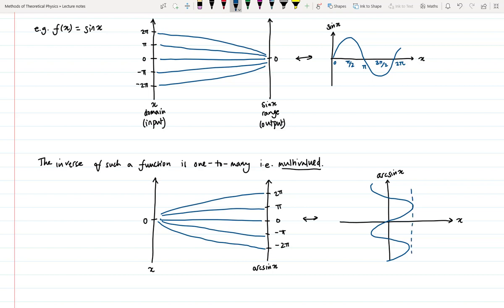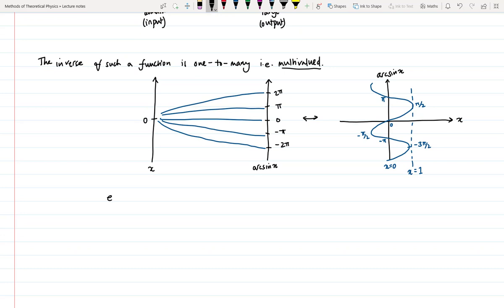Where, for example, here is x equals 1, here is x equals 0, and of course we have pi by 2. These are the values on the y-axis, minus pi by 2, minus pi, minus 3 pi by 2. We see that an input to the inverse function arcsine of x, such as x equals 0 or x equals 1, can give rise to multiple output values.